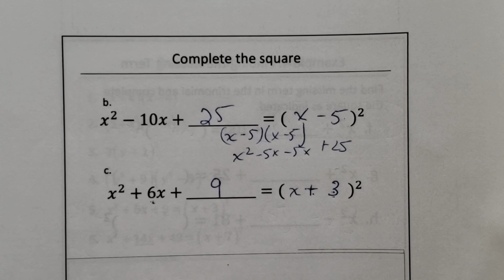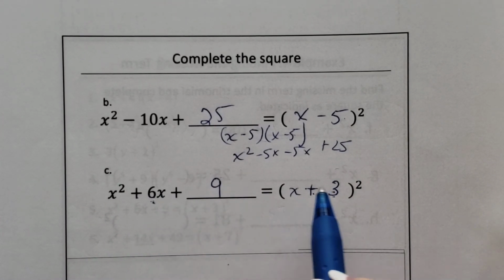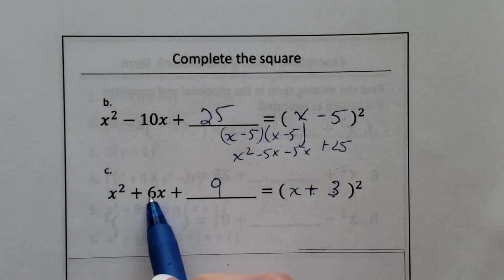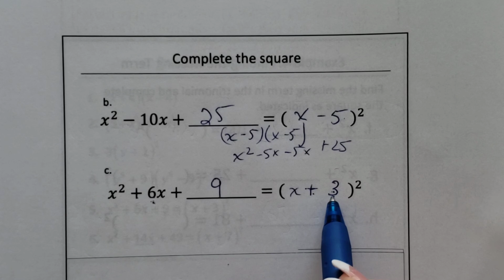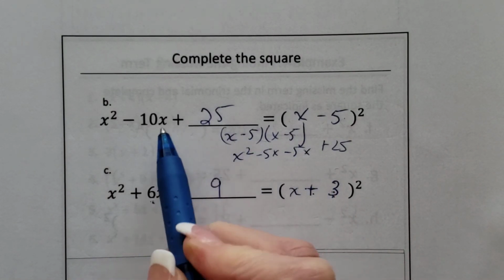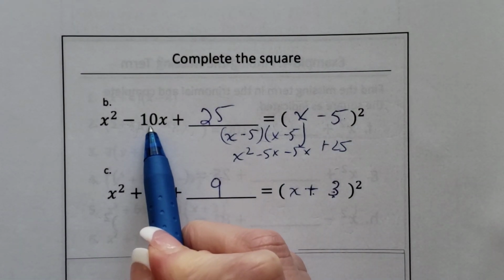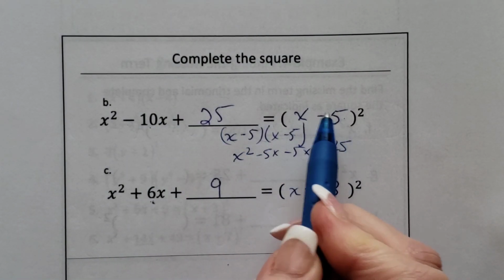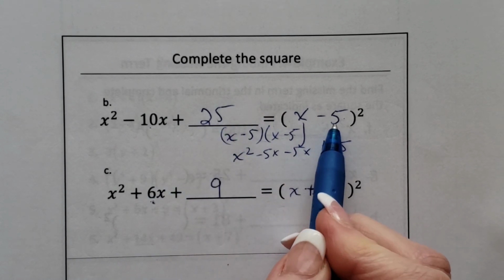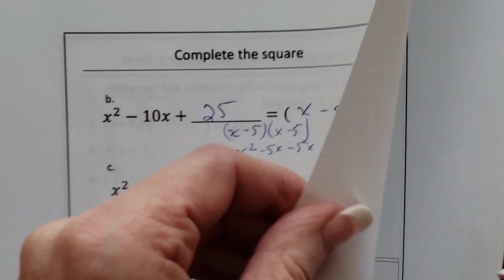Okay, so if you have the middle term, to get what goes inside this blank here, you half this number. So half of 6 is 3. And then to get this missing number, you square 3. So to get this missing term right here, we halved 10. We got 5. And then to find out this number or this letter C right here, we square that number. And that's how we're going to do these.